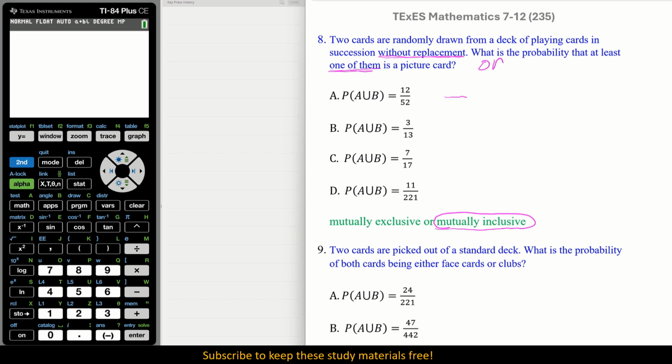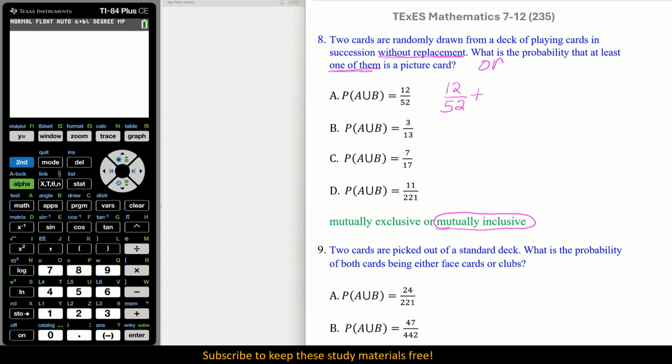How many? We have 12. Okay. Out of 52. Now, because of the way it's worded, one or the other or both, we do not take out the situation when we're adding the probability.